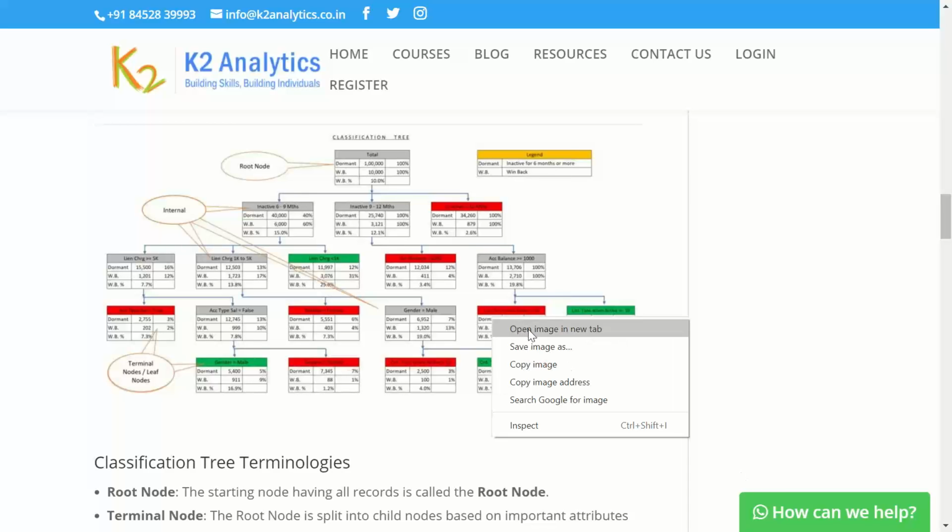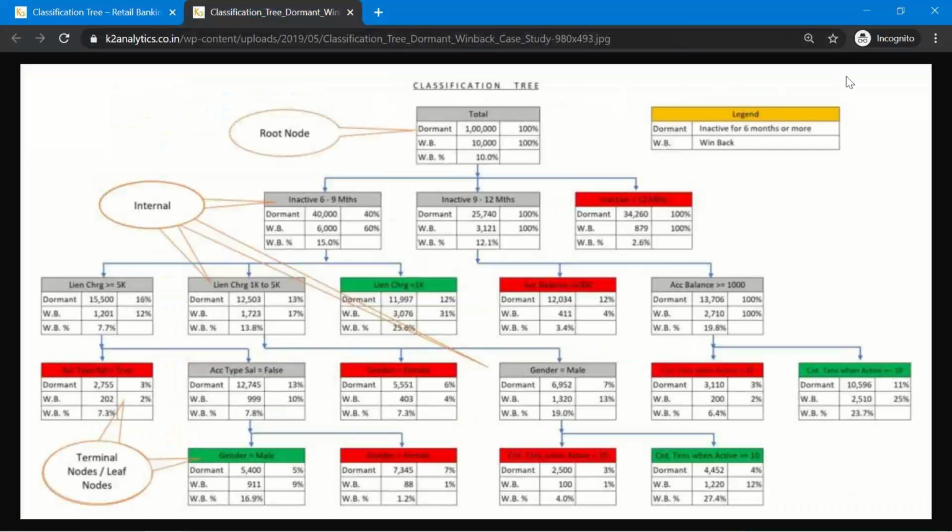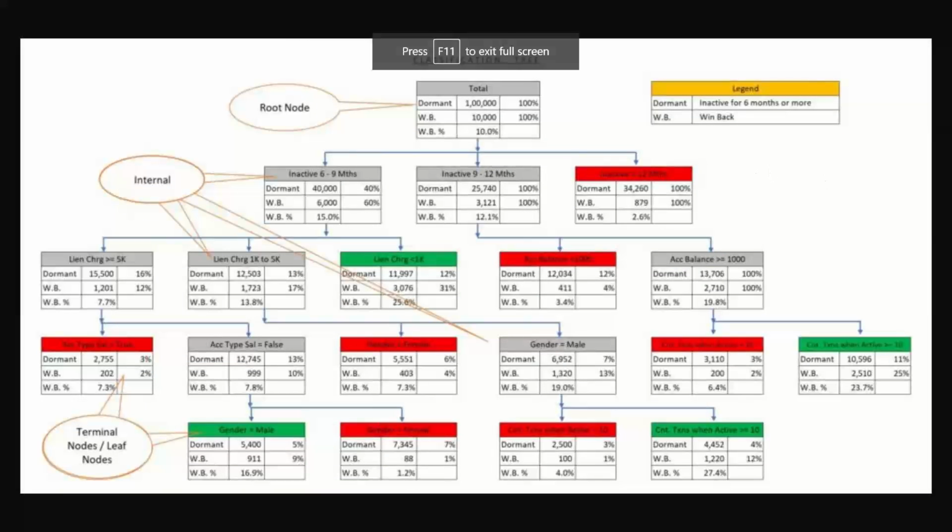Let me blow this image up in a new tab. Okay. So here I've got this image on a bigger screen. So let us try to understand this output.